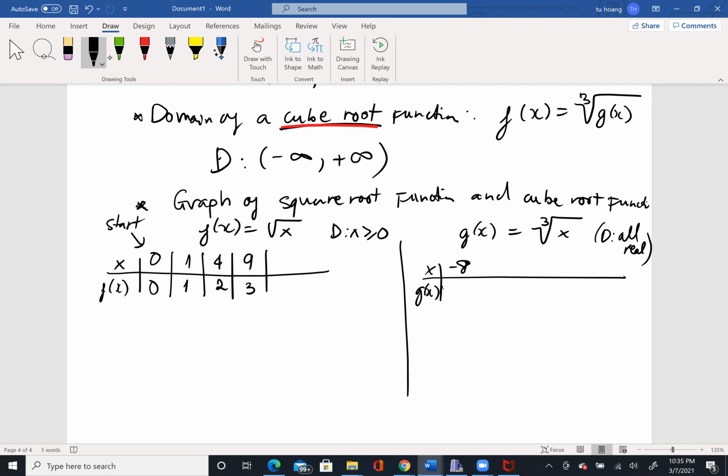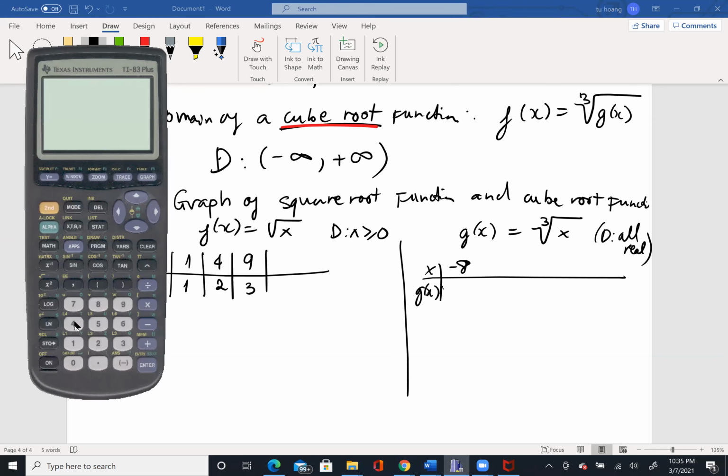If you want to try the calculator, let me show you. I don't have a cube root button, but there's another way: you can write it in power form, negative 8 to the power 1 divided by 3.